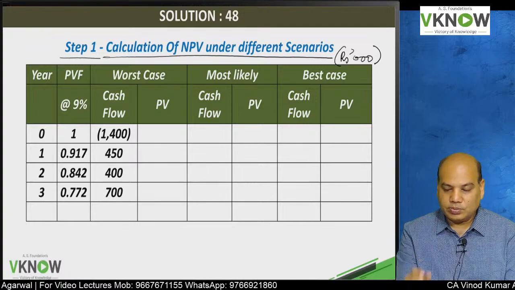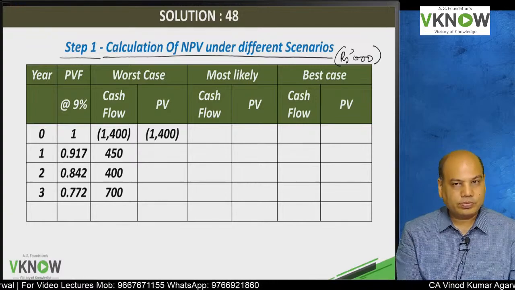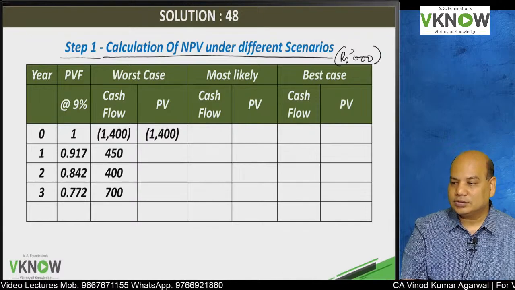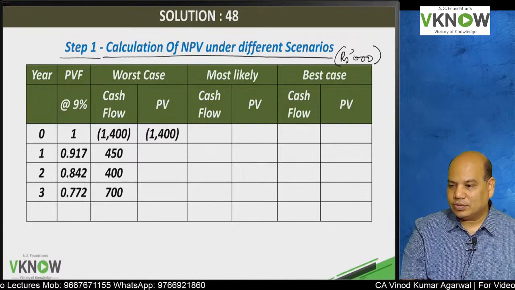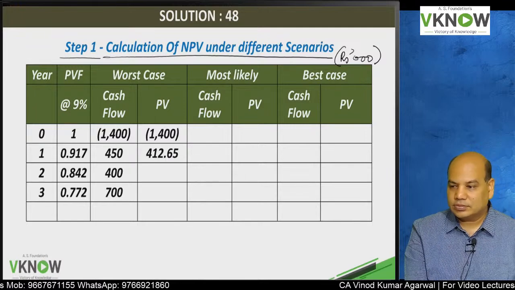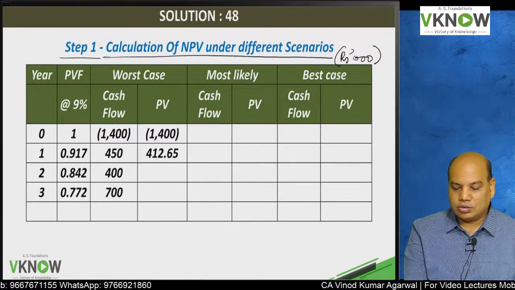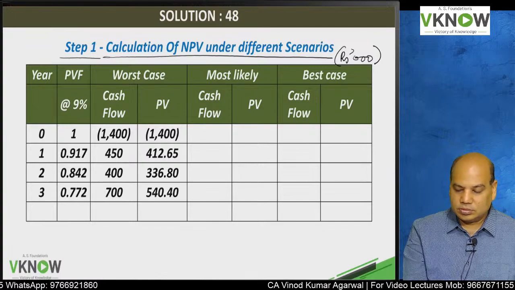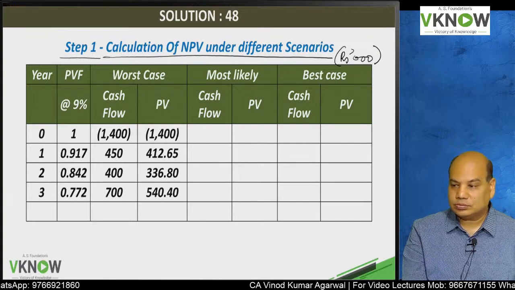Now please use memory plus function also, so that you can take total faster. Come on, start. 450 into 0.917 equal to memory plus. 400 into 0.842 equal to memory plus. 336.8. 540.4.